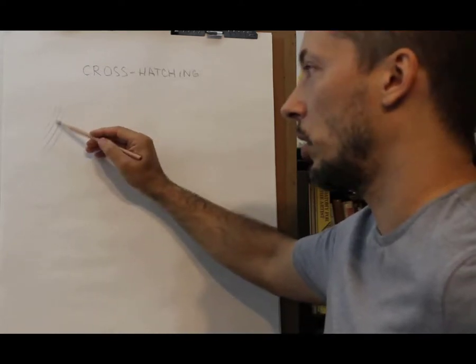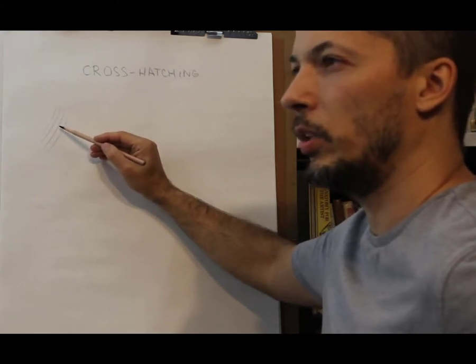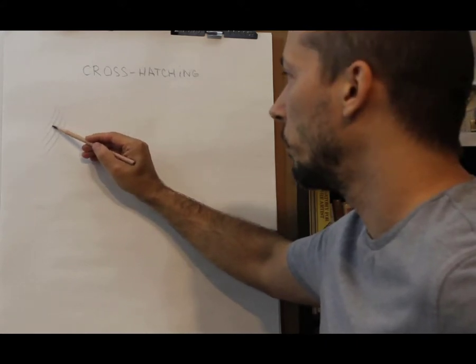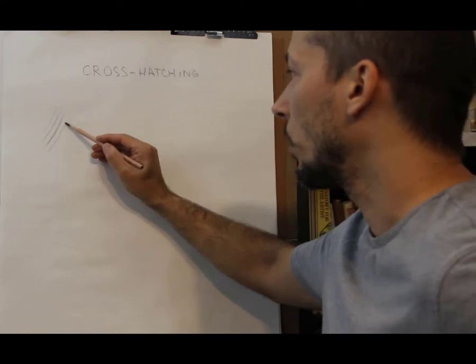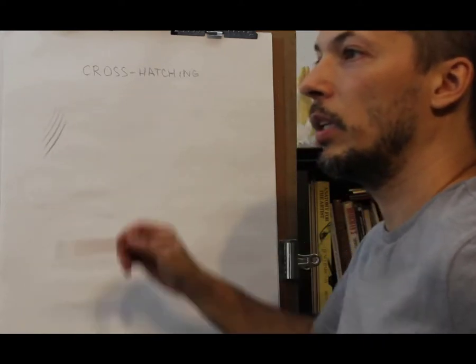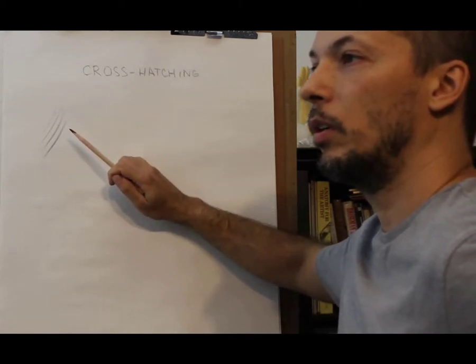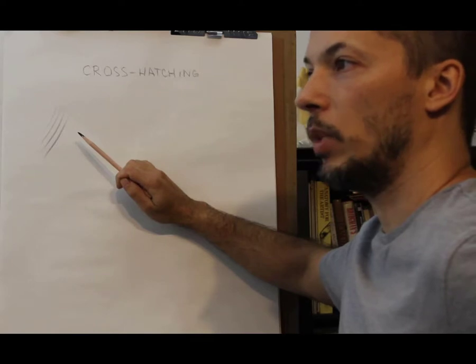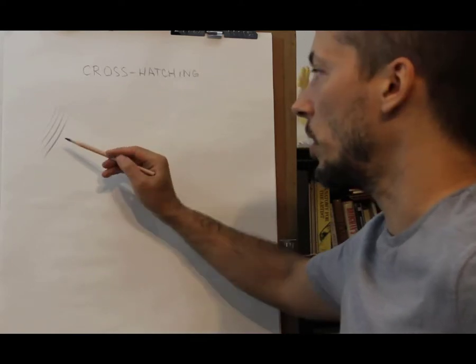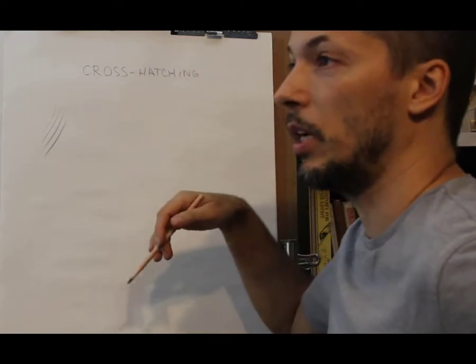If I make these marks like I did just now, a little bit thinner, then a little bit thicker, and I can make it from lighter to darker, it suggests a flat surface and perhaps some kind of change in there. So we can use crosshatch marks or hatch marks in this case.